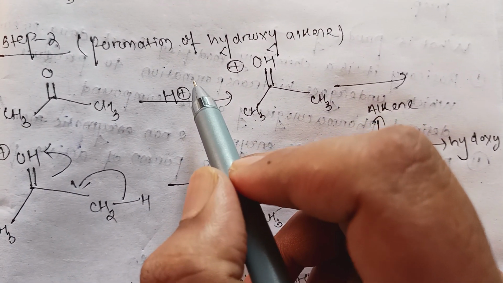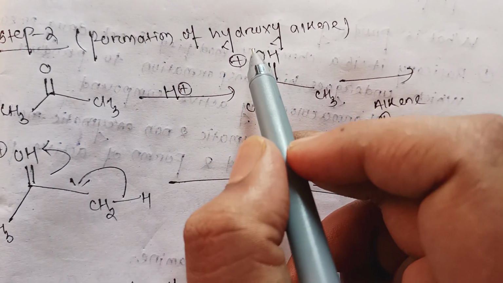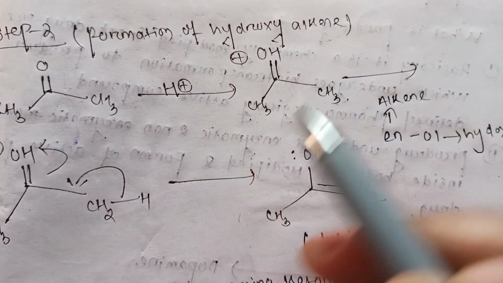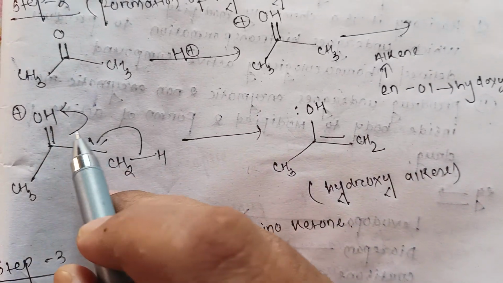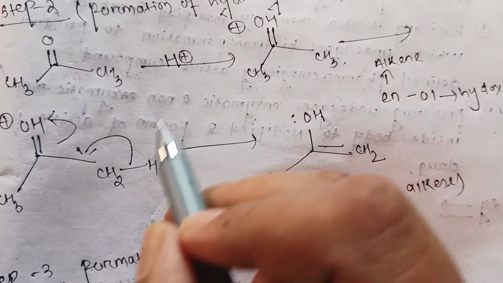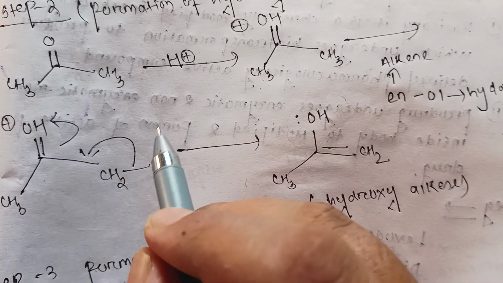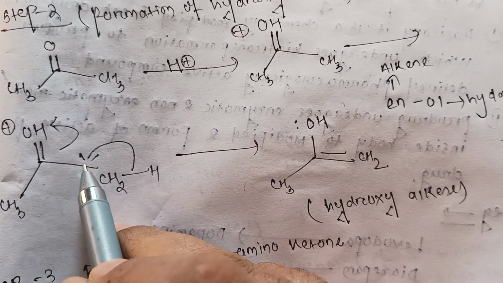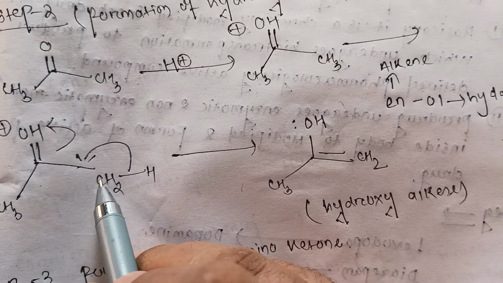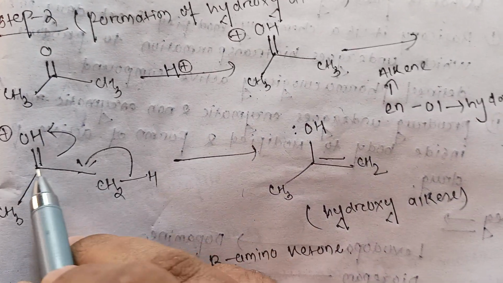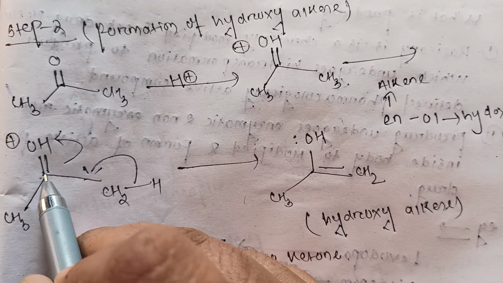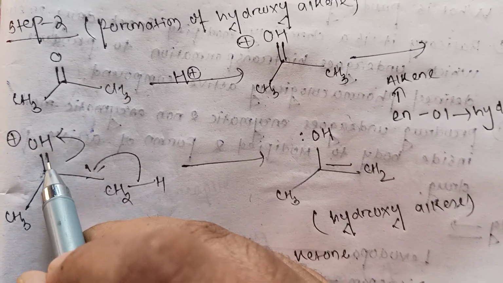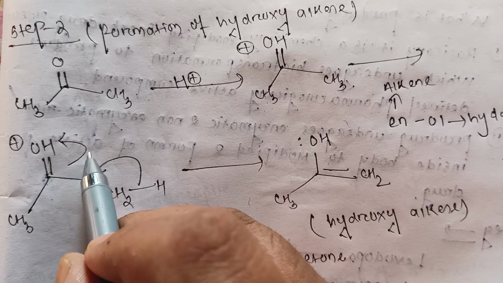The H plus from HCl comes and again binds to oxygen and forms an OH positive charge. Now in this step, the water molecule is not removed. Here we have to form the enol form, so the hydrogen will donate its electron to this carbon, so that it becomes more unstable, and now the double bond will shift toward this.